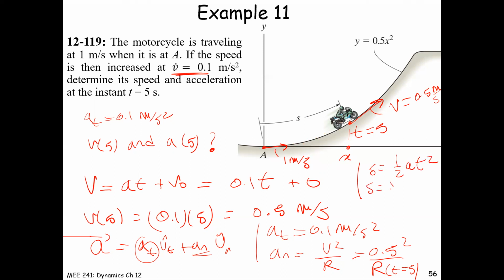So S is going to be equal to 1 over 2 times 0.1 times 5 squared. So once you calculate S, you want to be able to calculate X. And once you calculate X, you have the equation of this curve, you can find the radius of curvature here. And then once you find R, basically you will have AN.